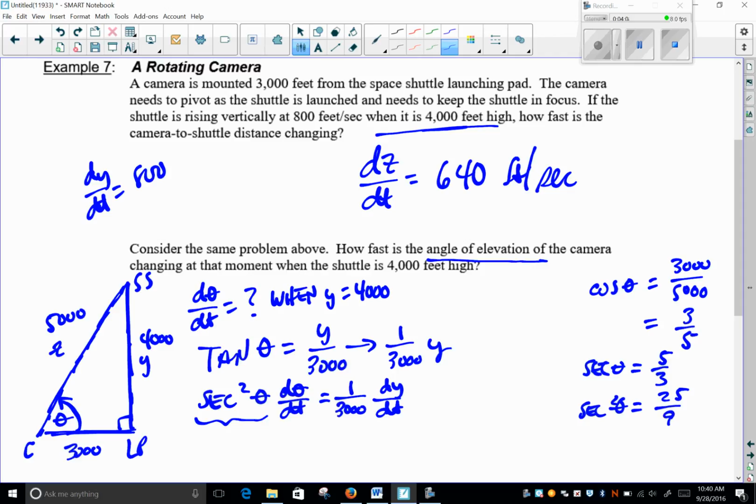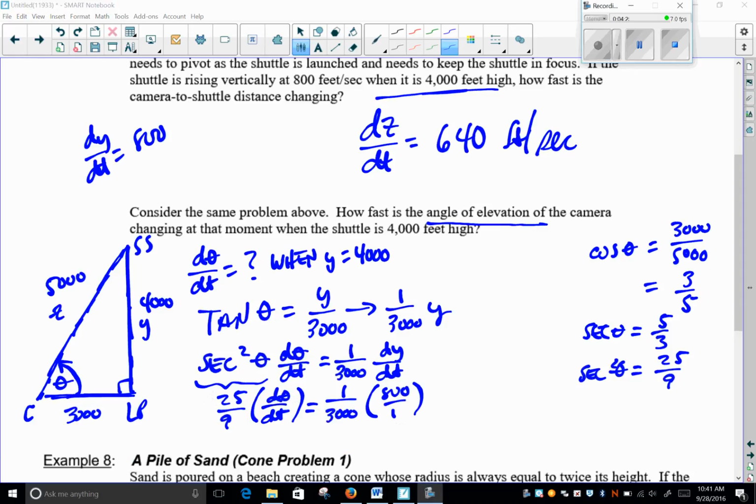So we're going to substitute this in here. So I've got 25/9 times d theta/dt equals 1/3000th times 800. Okay, so we're solving for d theta/dt.